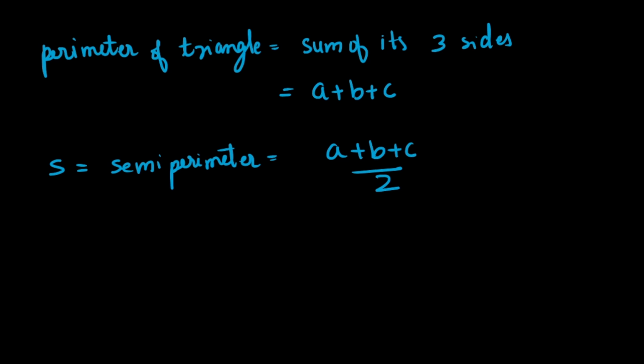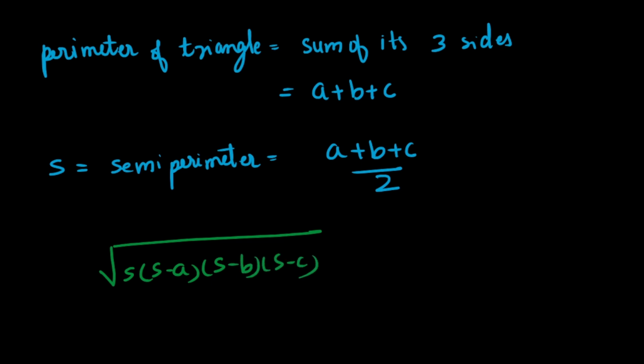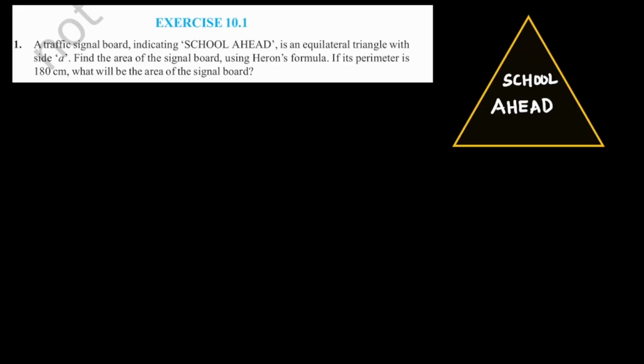Once again, Heron's formula is root of s into s minus a into s minus b into s minus c. I hope it's clear. Now let us start doing the exercise questions in the textbook, that is exercise 10.1.